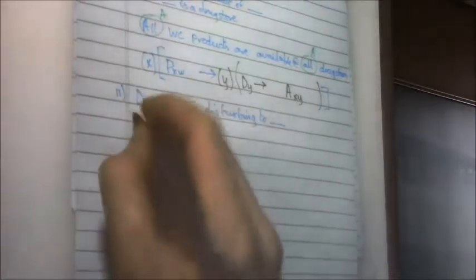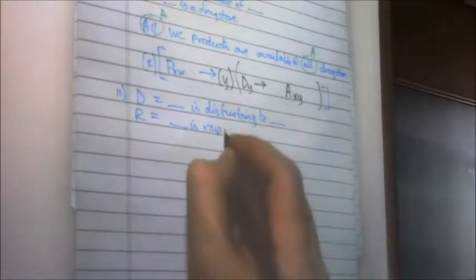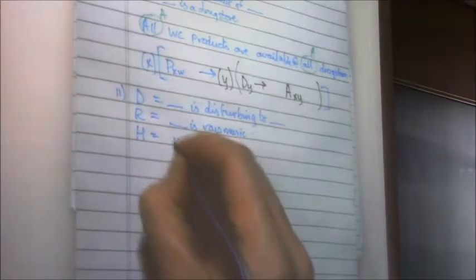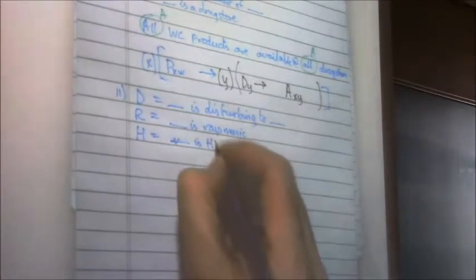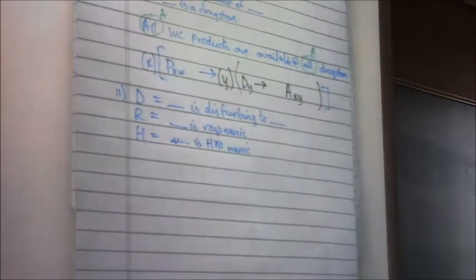Now we just need three one-place predicates. R. R is blank is rap music. H. H is blank is heavy metal music. And finally, one that crops up a lot.